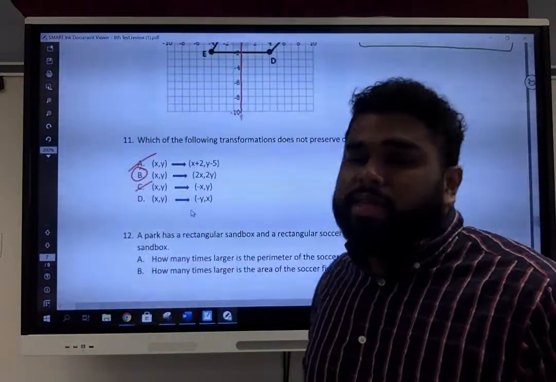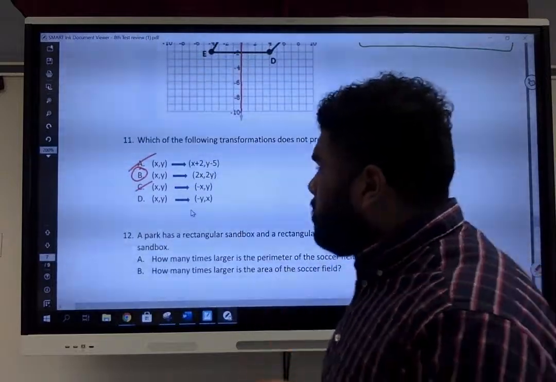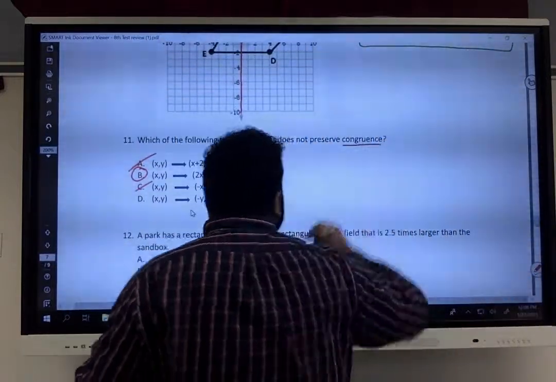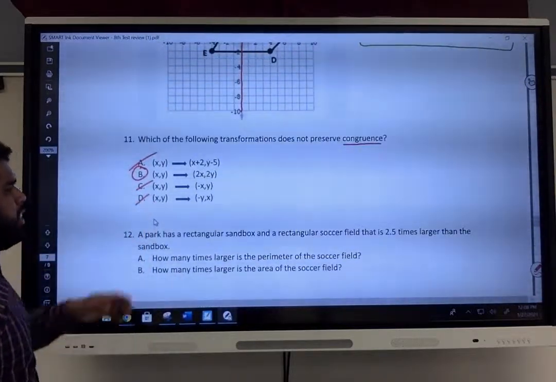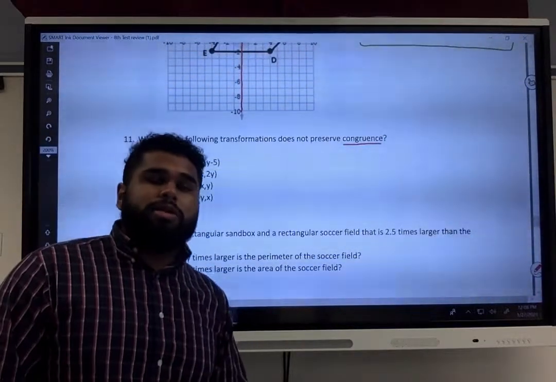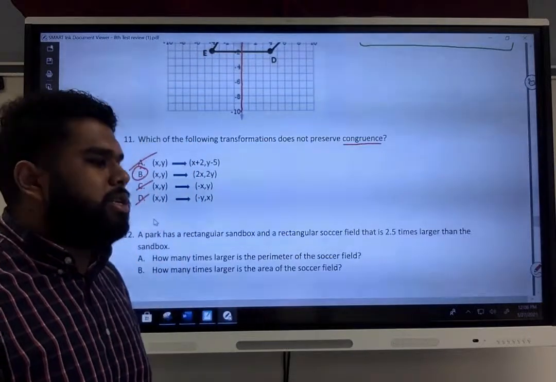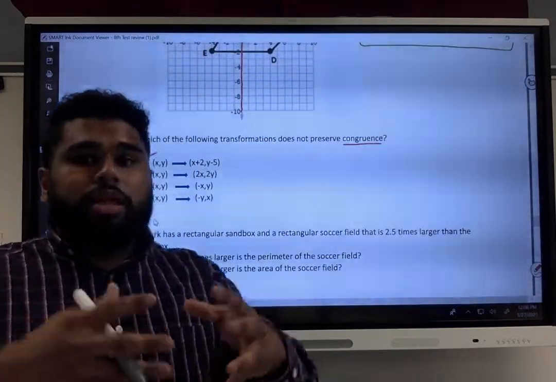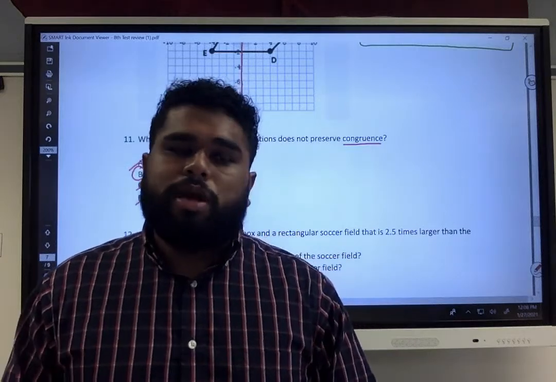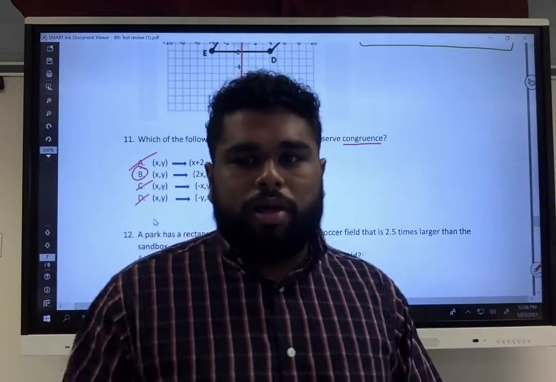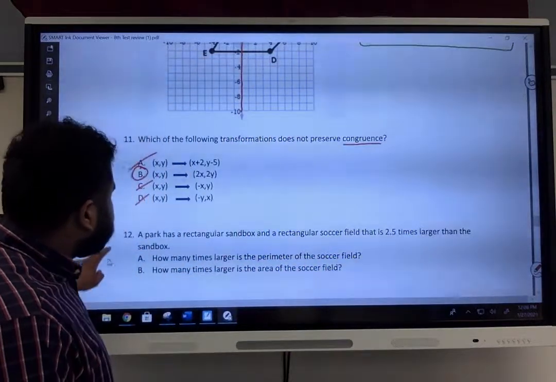But I would still be the same size, right? So my congruence would be preserved. So that means that only in a dilation does your congruence not get preserved, okay? Only when you get dilated, when you get bigger or smaller by that scale factor, your congruence will not be the same, okay, as before and after, right?